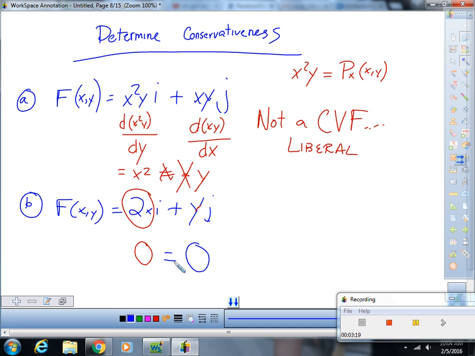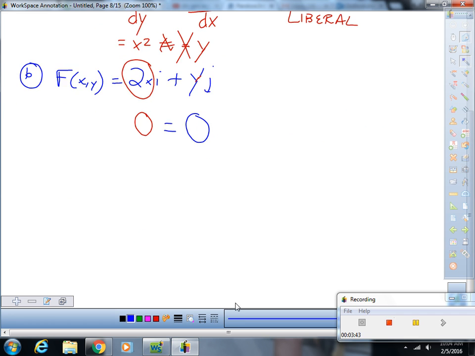So what did we learn? It's conservative. So what does that mean? It means that some function exists and that this thing is the gradient of that function. So don't you feel like we should find it right now? Let's do it.